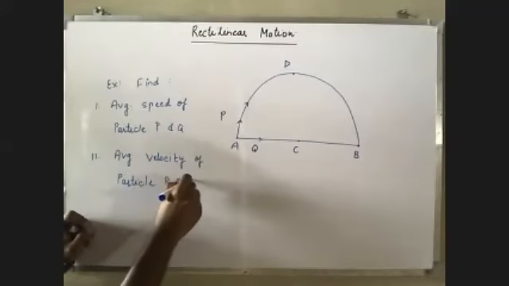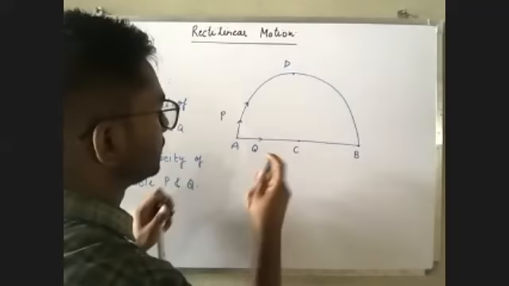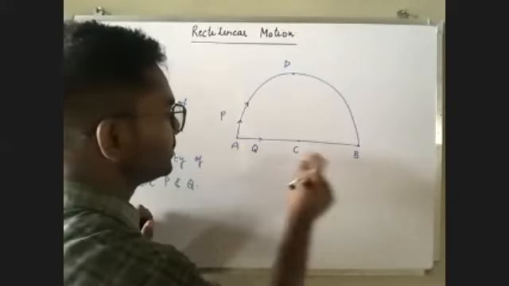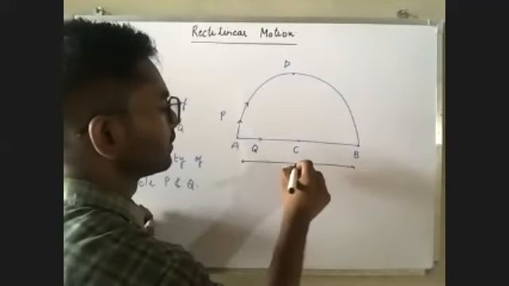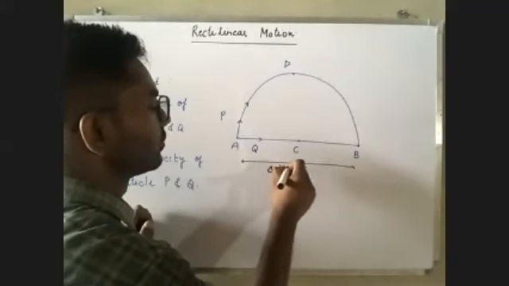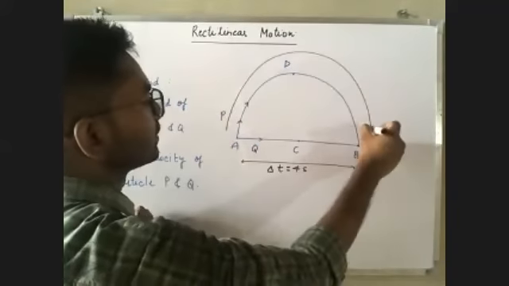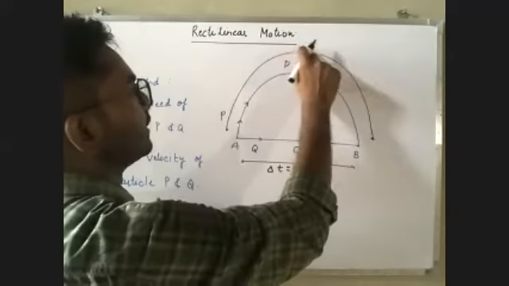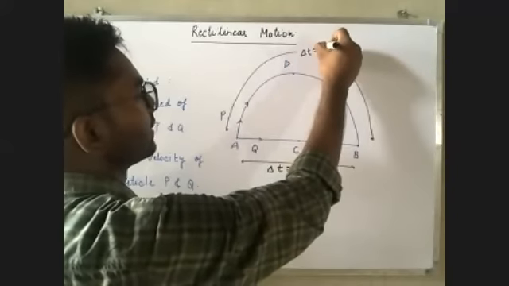What they have given is that Q is moving along ACB and takes a time interval of 4 seconds. And P takes the time interval delta T, that is 10 seconds.